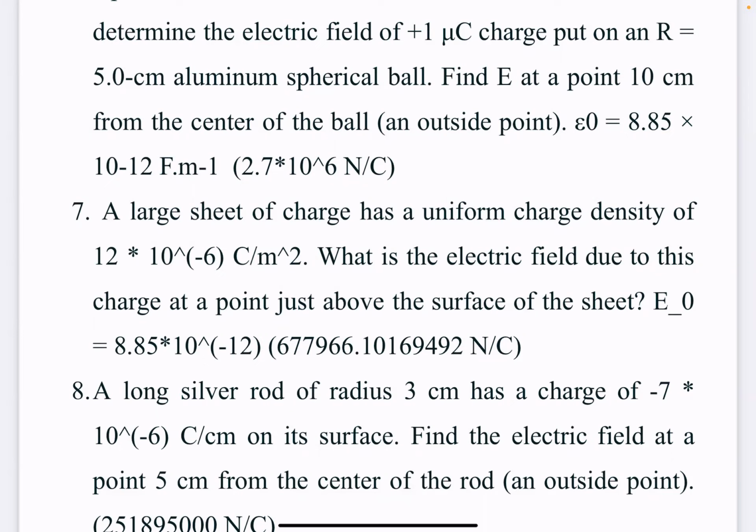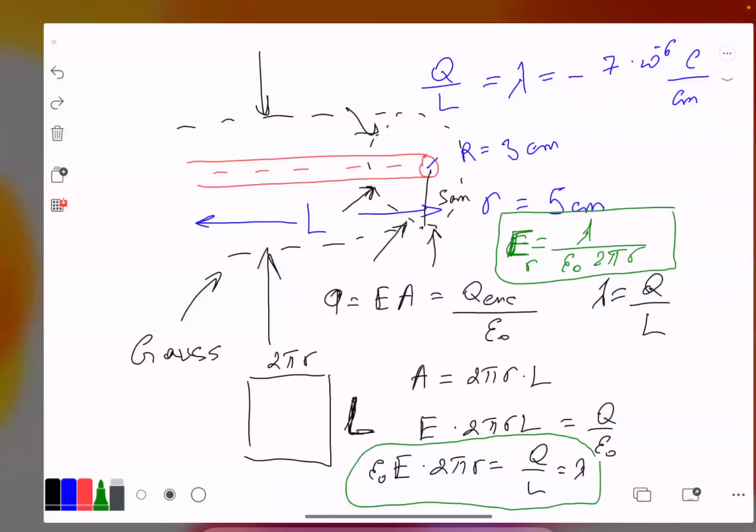Did you get the answer? Okay, so what we have is a charged sheet, right?